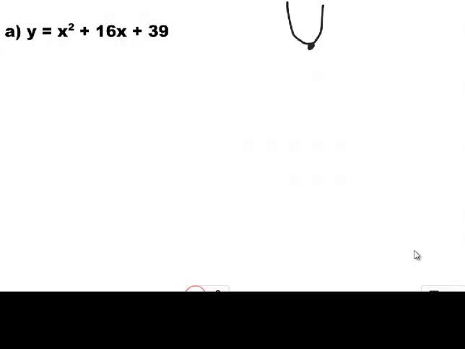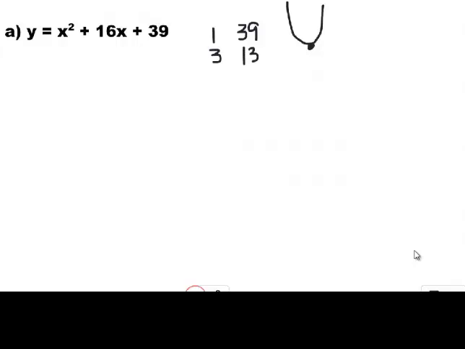Now to find the zeros, I'm going to use factoring, although you can use the quadratic formula too. But in the first one, there is no common factor and the leading coefficient is 1. So I'm going to try to find two numbers that the product is 39 and add up to 16. Those two numbers are 1 and 39, and 3 and 13.